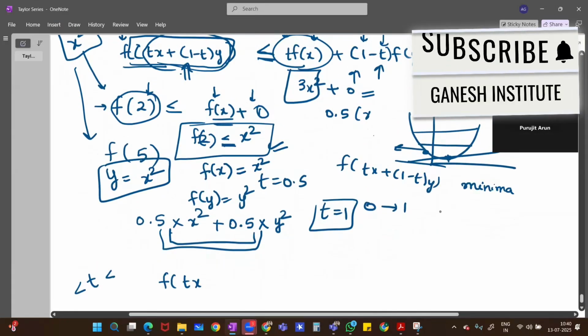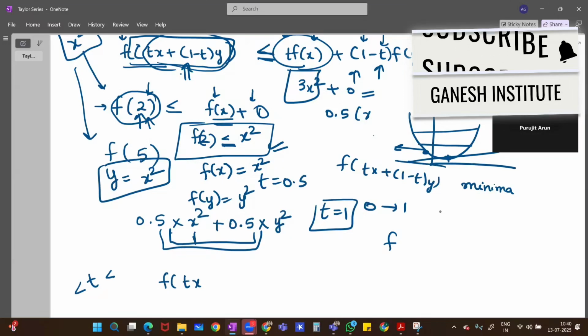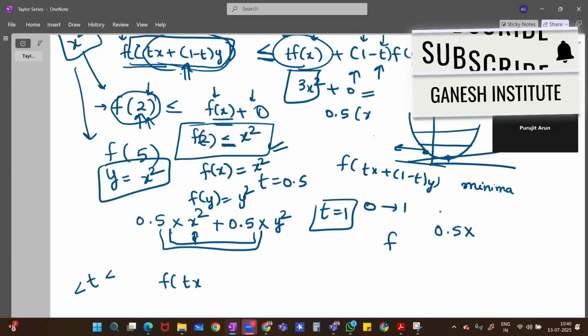Now I'm considering x as 2. If you substitute x as 2, put it here. So 0.5 into (2 plus 2) would be 4. If you substitute here, this will be 4, and you have y square as well.